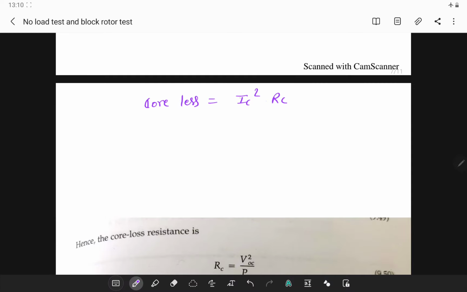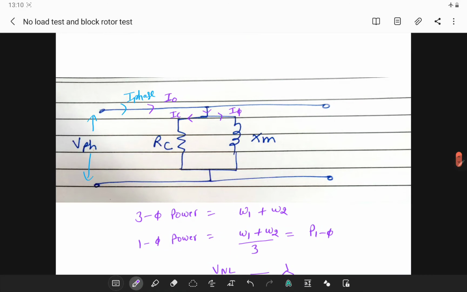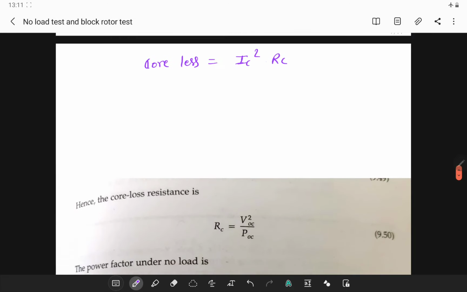Yes or no? But I don't know the value of IC, so I need to rethink. Now you can see that the phase voltage appearing here is directly applied to the resistance RC. So can I say that VPH square by RC will give you the power of a single phase?